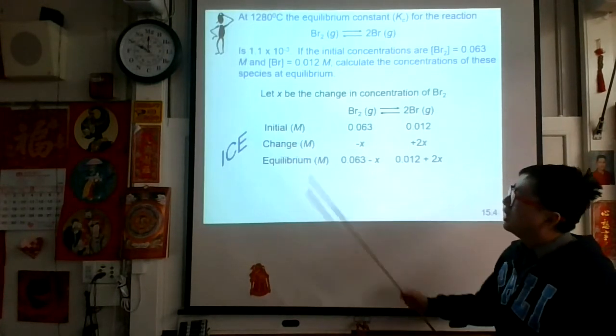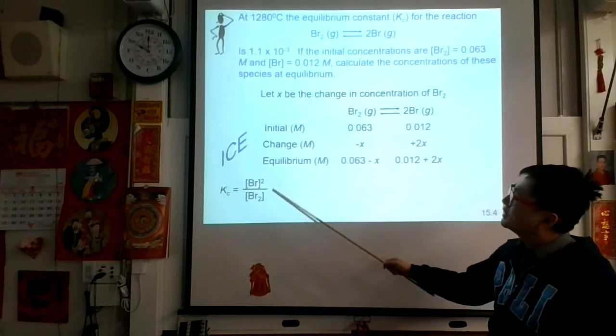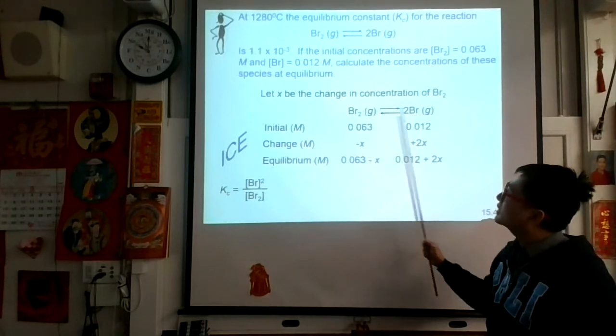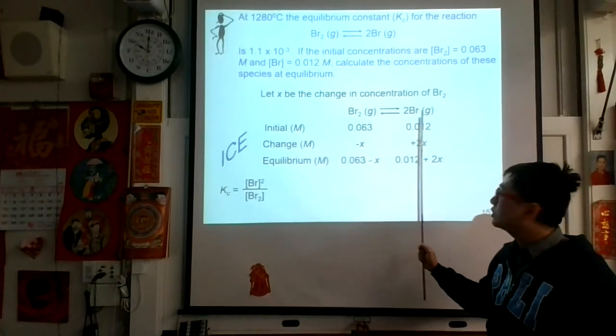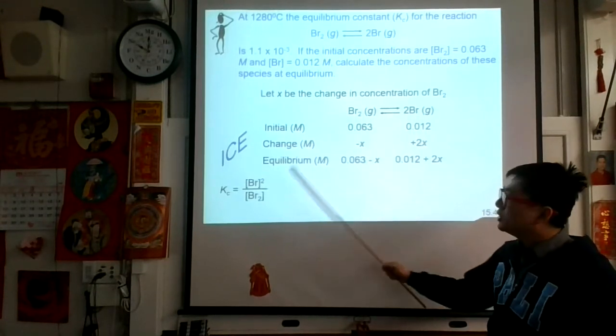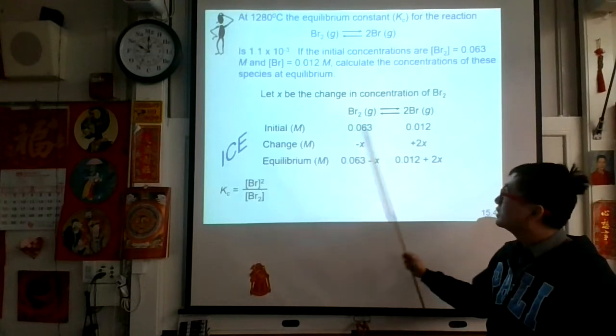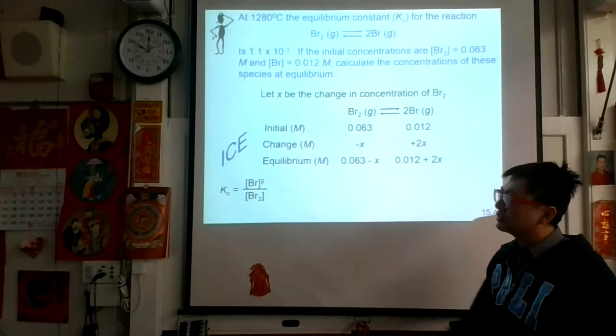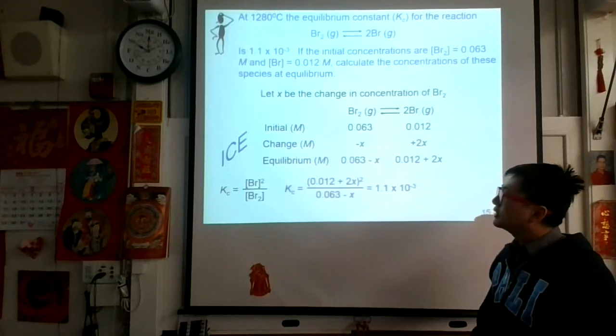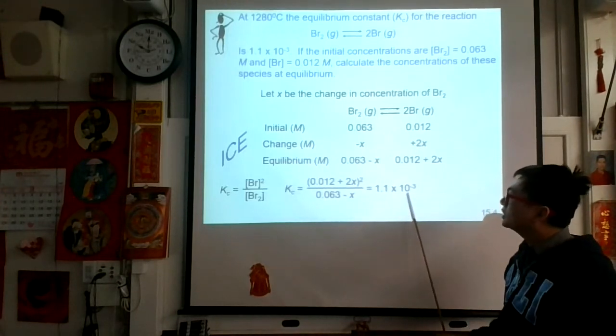And so my equation, Kc, is the products over the reactants: Br, the product, squared because the coefficient is 2, over the reactant, Br2. I know that is equal to 1.1 times 10 to minus 3.